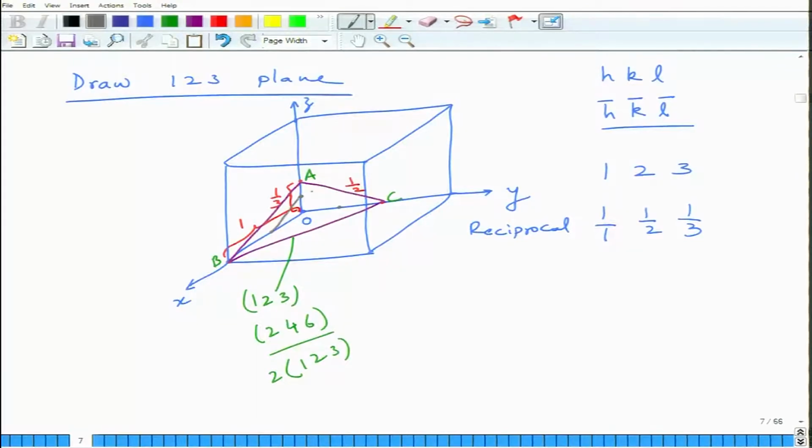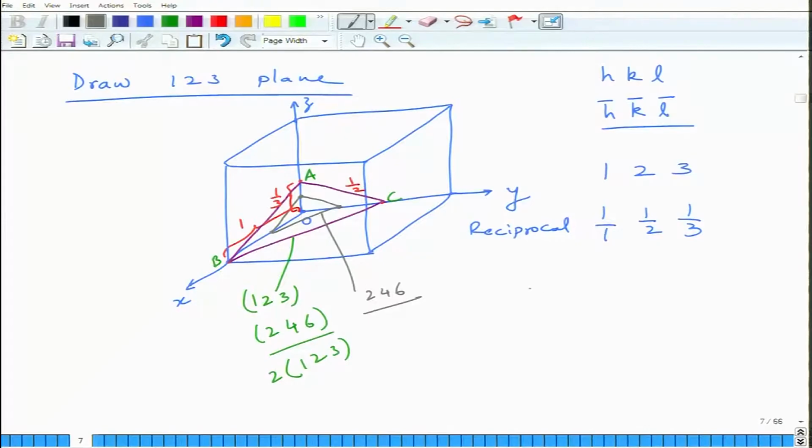If you connect these 3 points, this will be 2, 4, 6. It is parallel, but every successive 2, 4, 6 plane will be spaced closer as compared to every successive 1, 2, 3 plane. It is a family of planes, or set of planes, which are parallel to each other. So, this is about the positive indices.